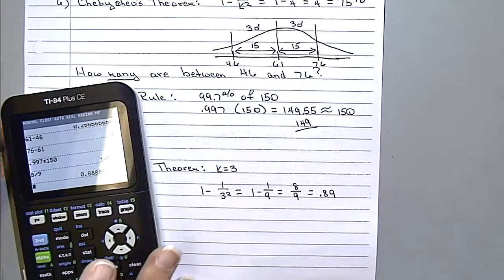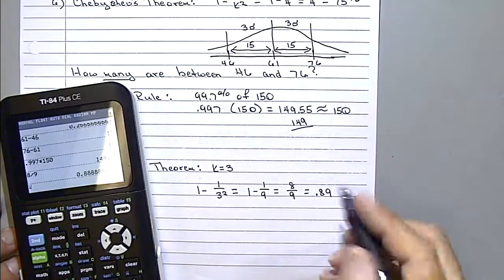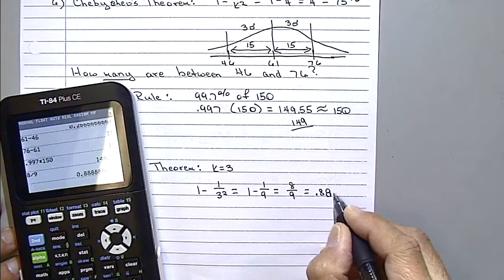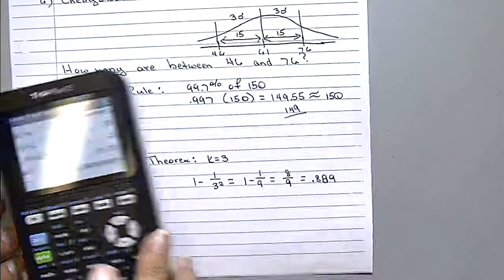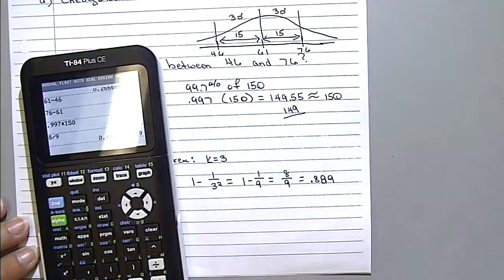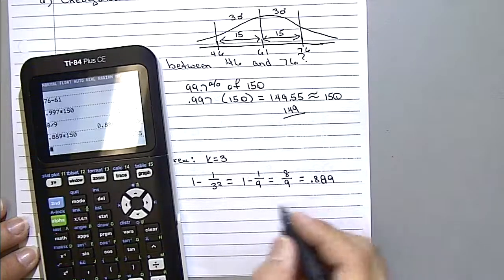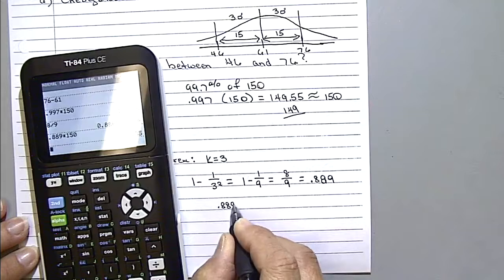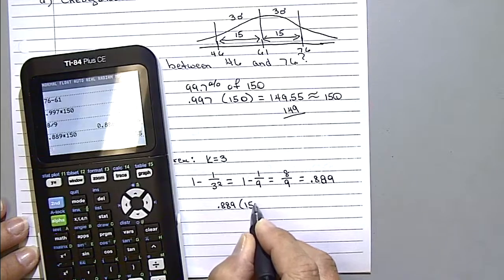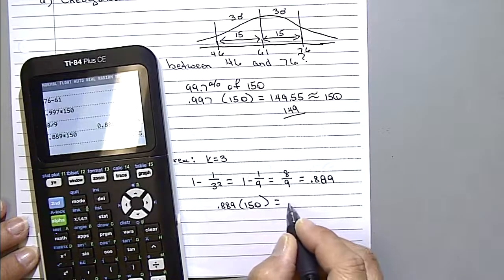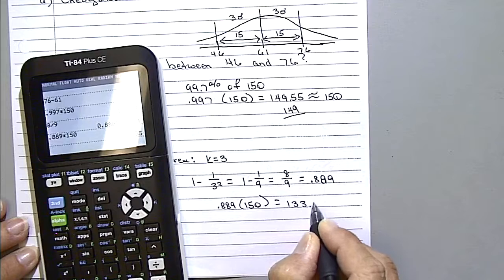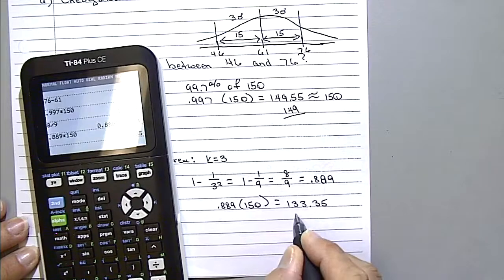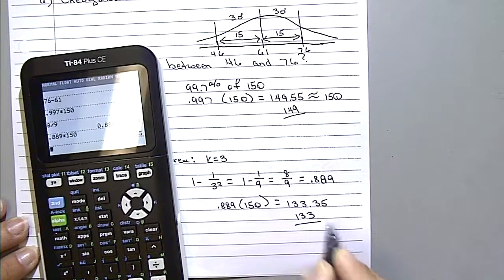Go to 2 decimal places, you'll be okay with that. You could do 3. We did 3 before, didn't we? So 0.889 times 150, and this time I come up with 133.35, so I say at least 133.